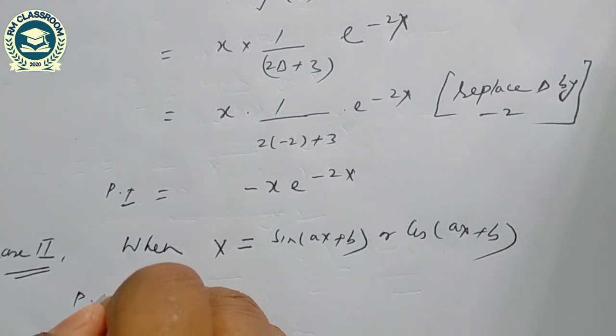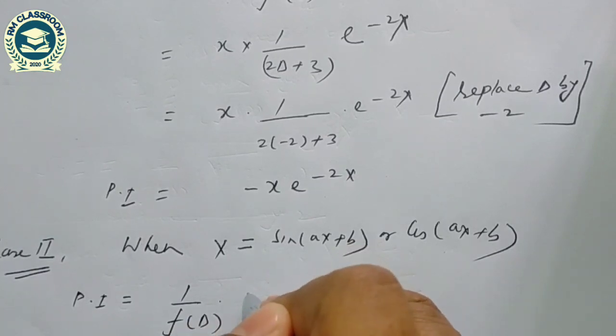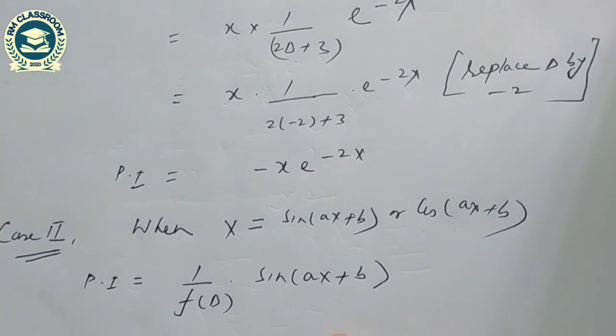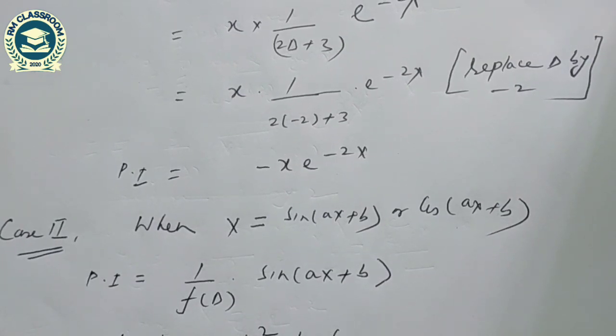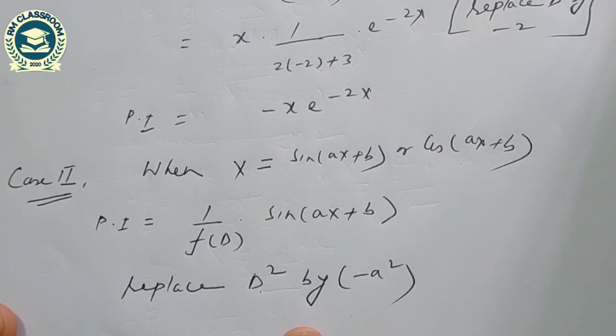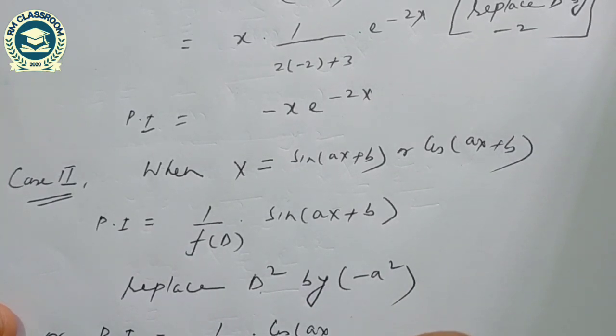The particular integral for such a function is 1 by f(D) sin(ax + b), and in this function we have to replace D² by -a². Or the particular integral 1 by f(D) cos(ax + b).